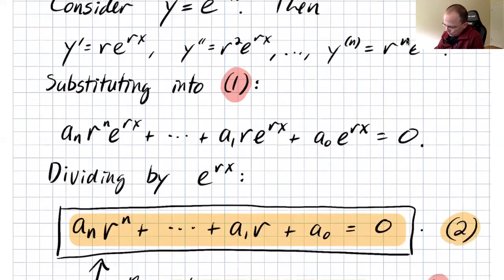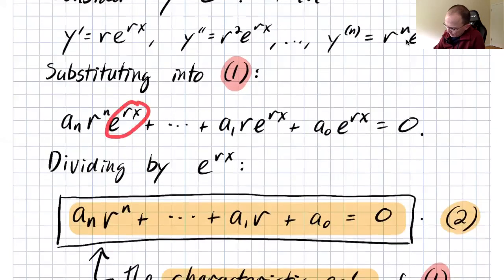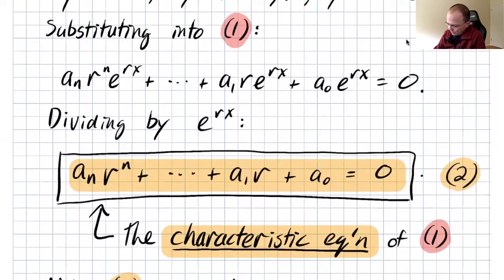Now, we have this e to the rx appearing in every term of this equation, so we can cancel these all off because e to the rx is never 0, it's always positive. When we divide by e to the rx, we're given this equation here. This term on the left is just a polynomial with degree n.